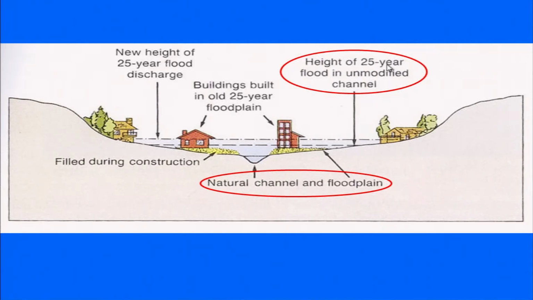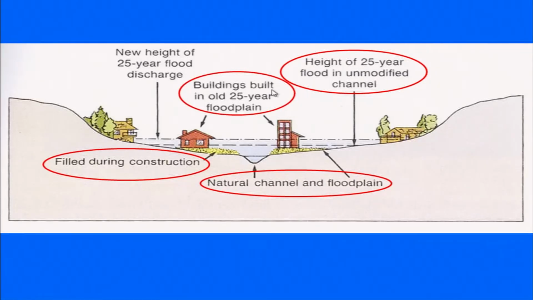The height of a 25 years flood in an unmodified channel is marked here. But of course, most of us have a desire to stay in the floodplain areas because it is flat, more fertile, and there is less work to be done for cleaning the region. So, it is artificially also filled for the construction of houses.